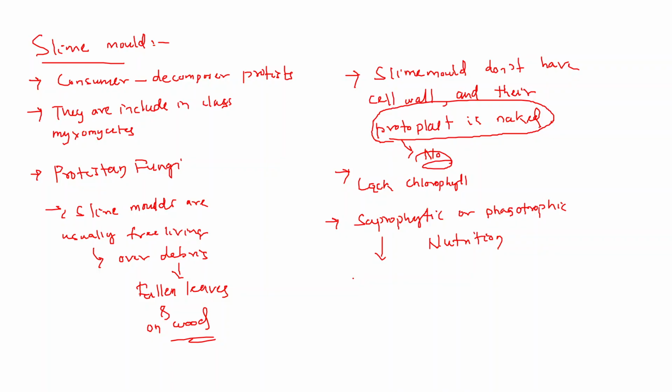Phagotropic nutrition means the ingestion of solid particles, like phagocytosis, in which intracellular digestion occurs. So slime molds mainly show a saprophytic or phagotropic mode of nutrition.